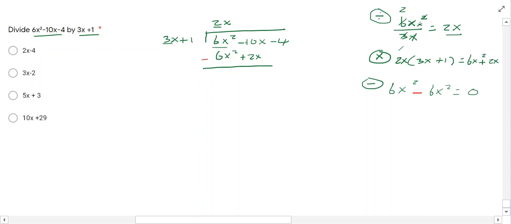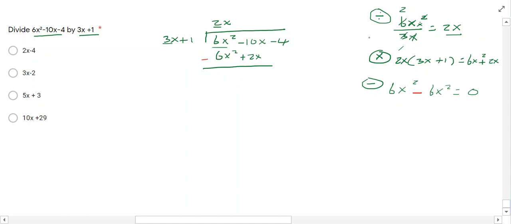Then we have minus 10x minus 2x. So what does that look like? Oh, sorry, not 6x squared. It's going to be minus 10x.